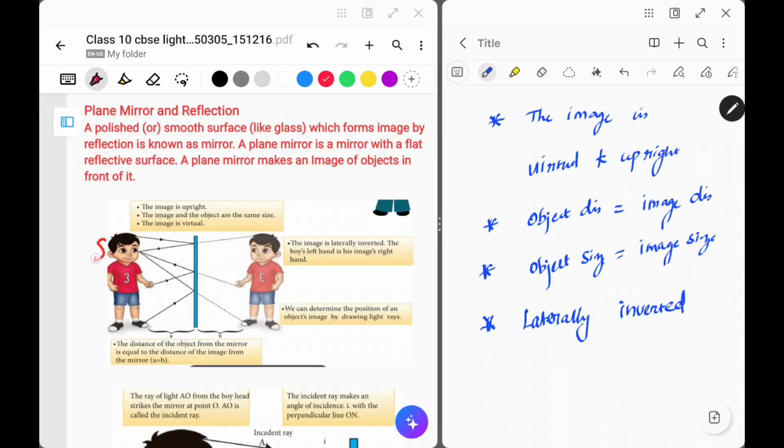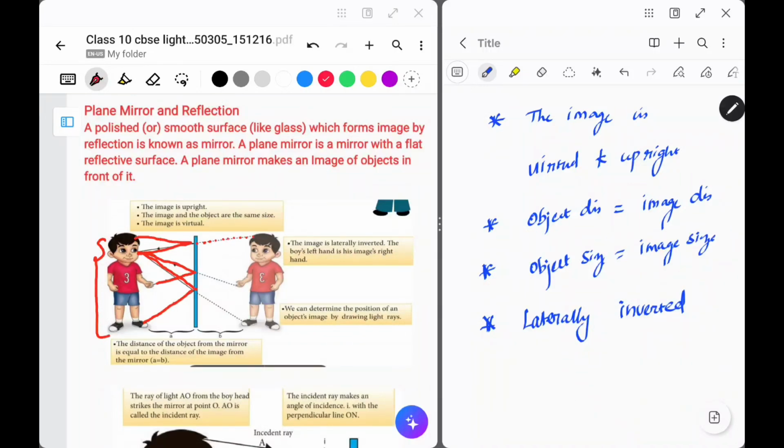The boy is standing here, correct? Can you see this? The light from the leg part is entering his eyes, and next the hand, and also the head. When I extend this line, you can see the image of the boy, okay?